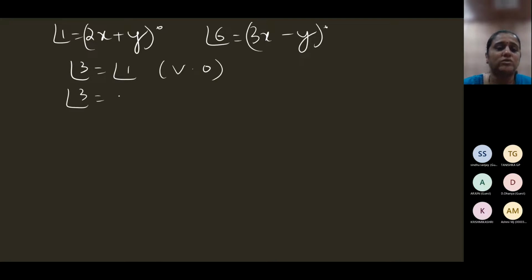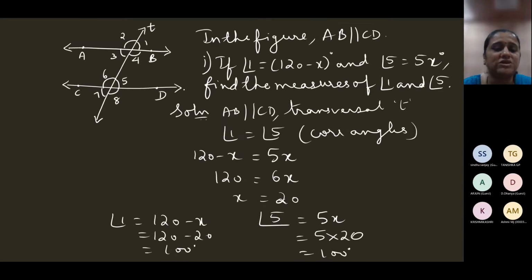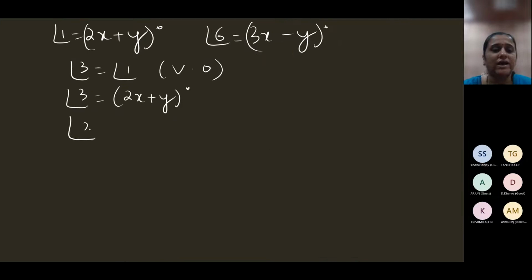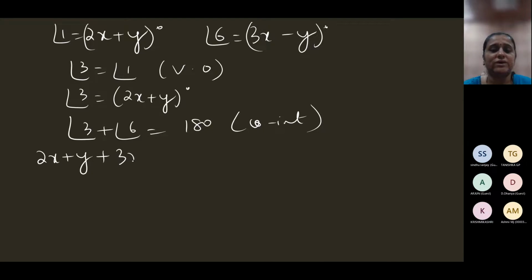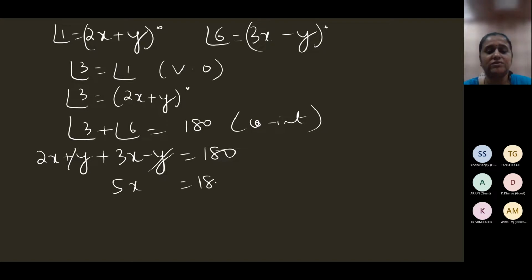So angle 3 is also 2x plus y degrees. Now, what is the relation between 3 and 6? They are co-interior angles and they are supplementary. So angle 3 plus angle 6 is equal to 180. So 2x plus y plus 3x minus y is equal to 180. Plus y minus y, 5x is equal to 180. x is equal to 36.